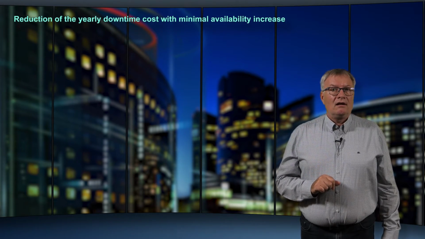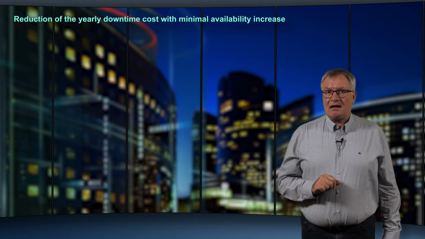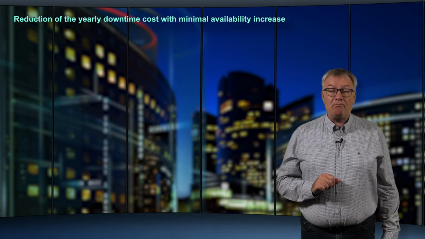Nowadays, a high availability is only considered as of 99.9% or more. For the operation of data centers, an availability of 99.99% is not good enough. Let me go for a data center example with average downtime costs of $9,000 per minute.